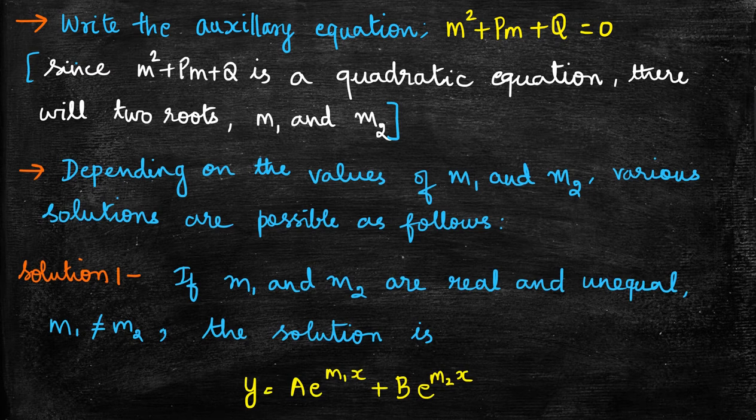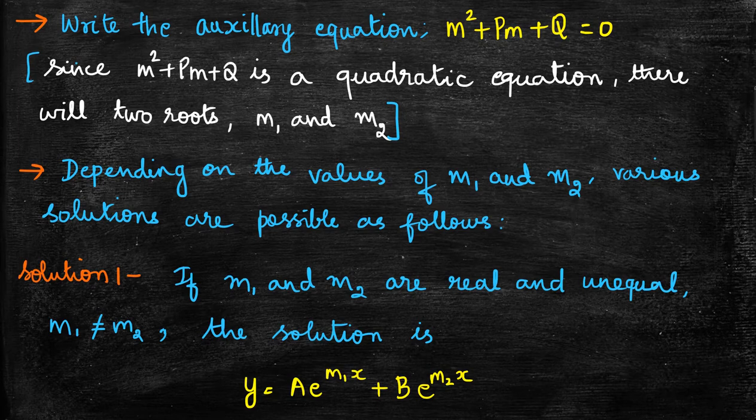So we are going to see, based on the roots m1 and m2 on solving our differential equation, how can we write the solution? If the two roots that I get from the quadratic equation, m1 and m2, are real and unequal. Real means it should not have any imaginary number.